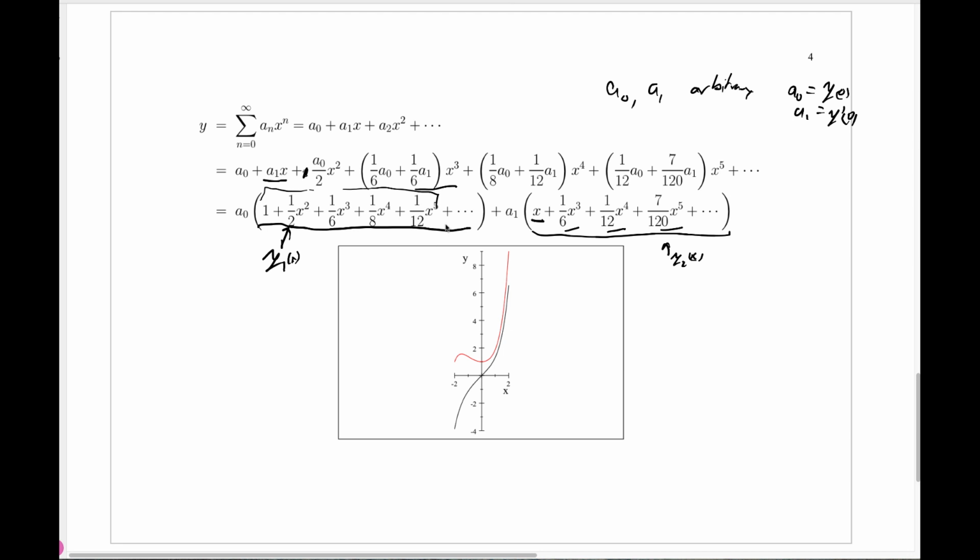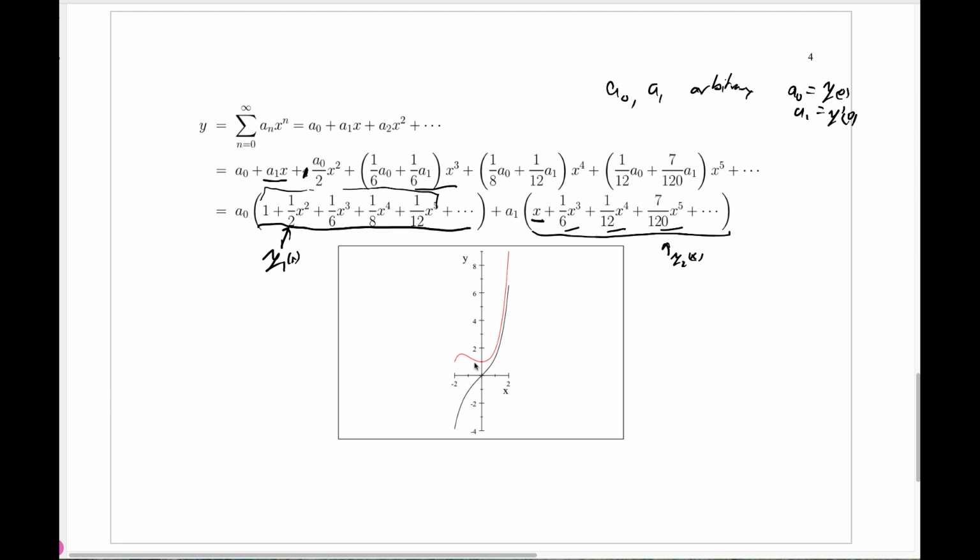This fifth degree polynomial approximation will be very close to what y1 is, at least if you stay very close to x equals 0, so in a neighborhood of the origin. And the more terms you take, the larger an interval will be on which you have a good approximation.